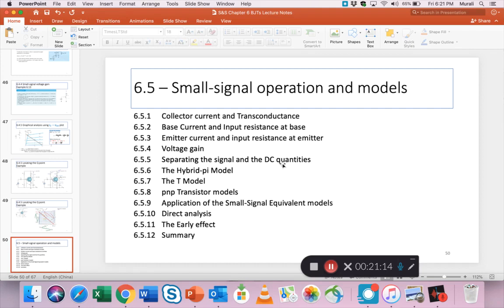Okay, so the next section, that section was 6.4, and I covered a basic introduction to the Q point, the VTC, and I introduced the fact that you first create a Q point, which is an operating point, and then you slowly introduce a small signal that will swing the input value, the base current or the base voltage, slightly around the Q point.